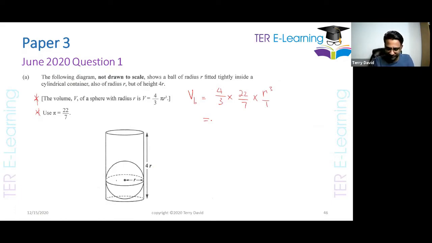So 4/3 multiplied by 22/7, and that is giving me 88/21 r cubed, right? That's the volume of my ball here. So all I'm doing here is just using the formula that they give us to come up with an expression for the volume of the ball.